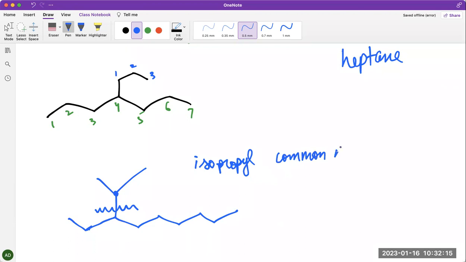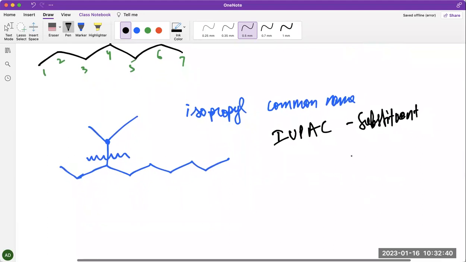We also need to know how to name them with IUPAC nomenclature, okay? Now, how does that work? For the IUPAC nomenclature for the substituent, guys, this is for the substituent, what rule do you need to remember?